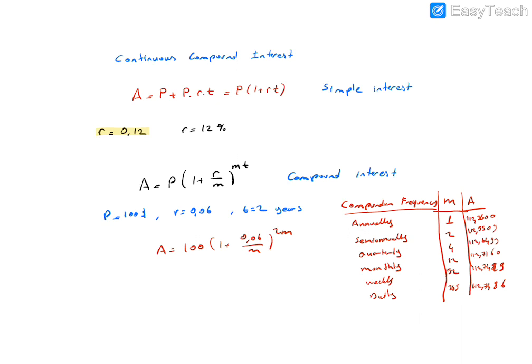And the last one is, for example, hourly. During the year, there are 8,760 hours. So this is 112.74.